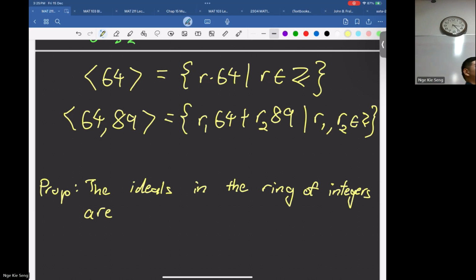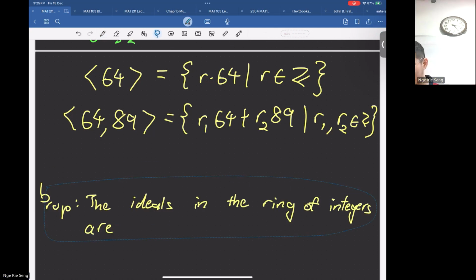How? What do you mean by generate the whole integers? How? The reverse Euclidean algorithm. Okay, good, very good.